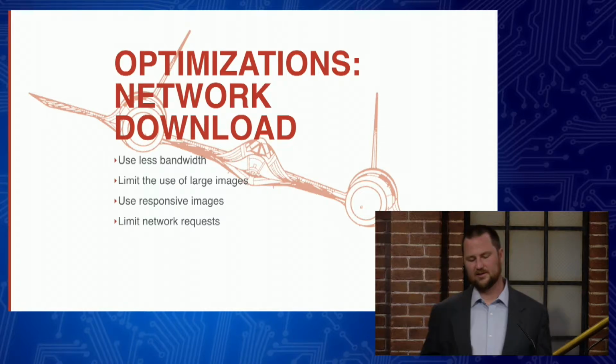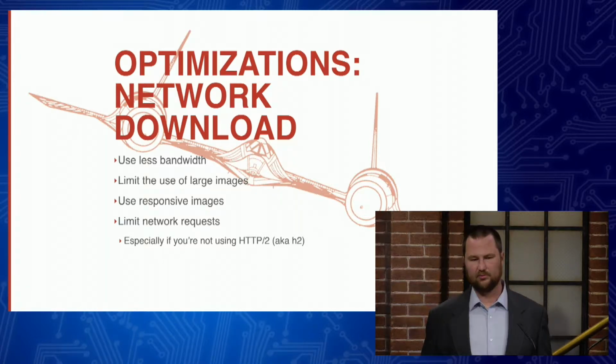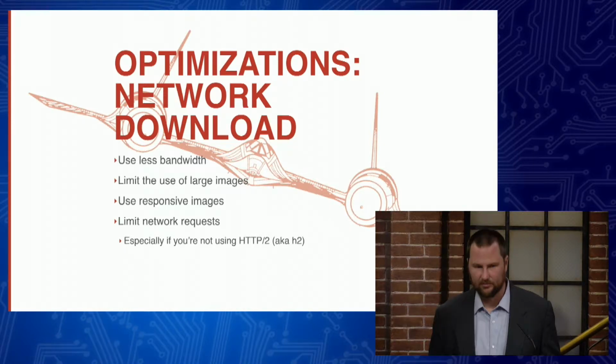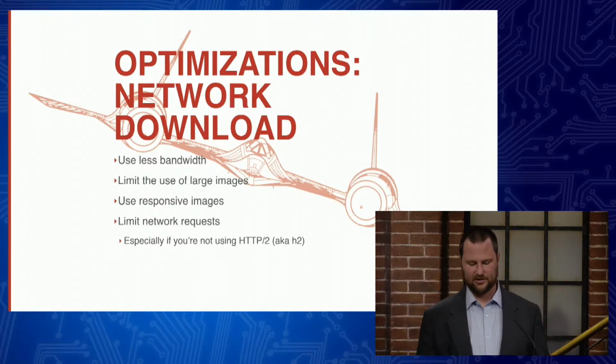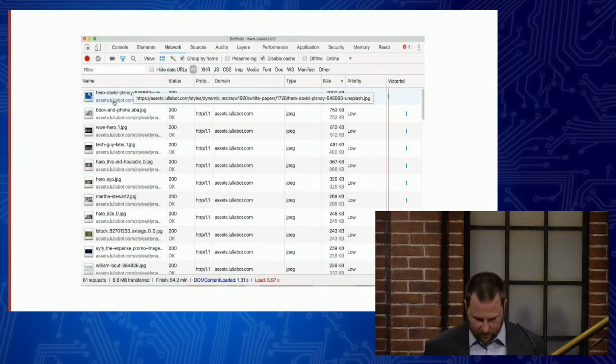Not only does it take bandwidth, but it takes latency, and that takes a lot of time. HTTP2, which is a newish protocol, handles that a lot more elegantly, where it only does the TCP handshake once, and then it can send down multiple assets over the same stream, which is kind of neat.